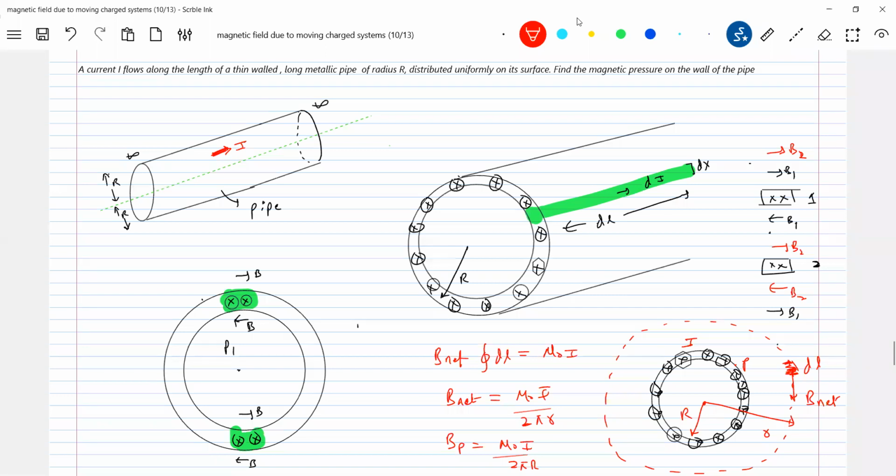So what is the field B1 I should write? Half of this, mu naught I by 2 pi R, that is BP by 2. What about B2? It should also be BP by 2. I'll accordingly change the symbols here. This we took as B1, B2.